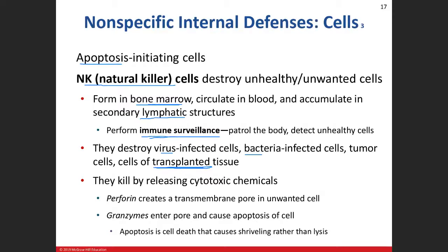So unfortunately, when you have a tissue transplant, lung transplant, or kidney transplant, we have to give you drugs that are going to suppress the activity of these cells. So you are going to be immunocompromised in certain regards, but it's better to be immunocompromised than to be dead, because maybe you needed that transplanted tissue to sustain your life.